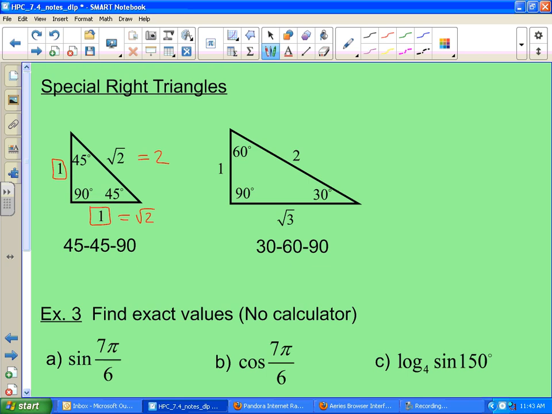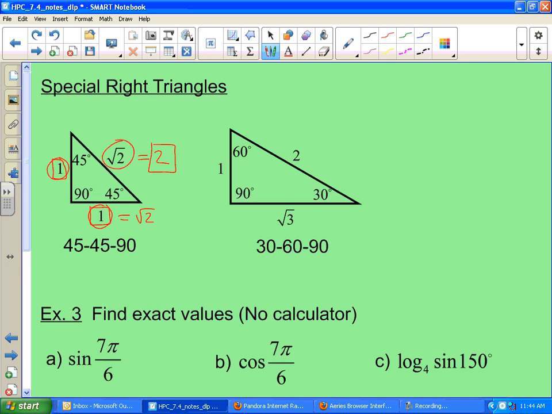Square root of 2 squared plus square root of 2 squared. What do I get when I square root of 2? 2. So 2 plus 2 is 4, and the square root of 4 is 2. So you can adjust any one of the sides. Just make sure you adjust the other ones proportionally. So anyway, the ones that are given, the 1, the 1, and the square root of 2, those are your most common.